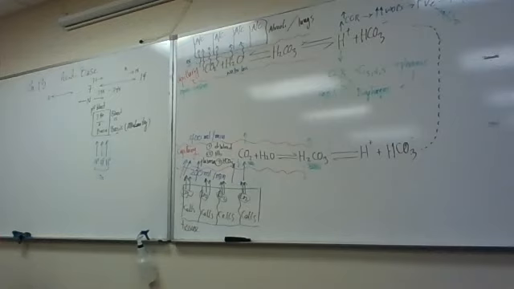The one I'm referring to is the very first one on top, Ka, the equilibrium constant, equals hydrogen ion concentration times bicarb concentration divided by carbonic acid. This means if we have a lot of hydrogen ion, then we should have a lot of carbonic acid, as well as bicarb. We'll get to that part in a little bit.